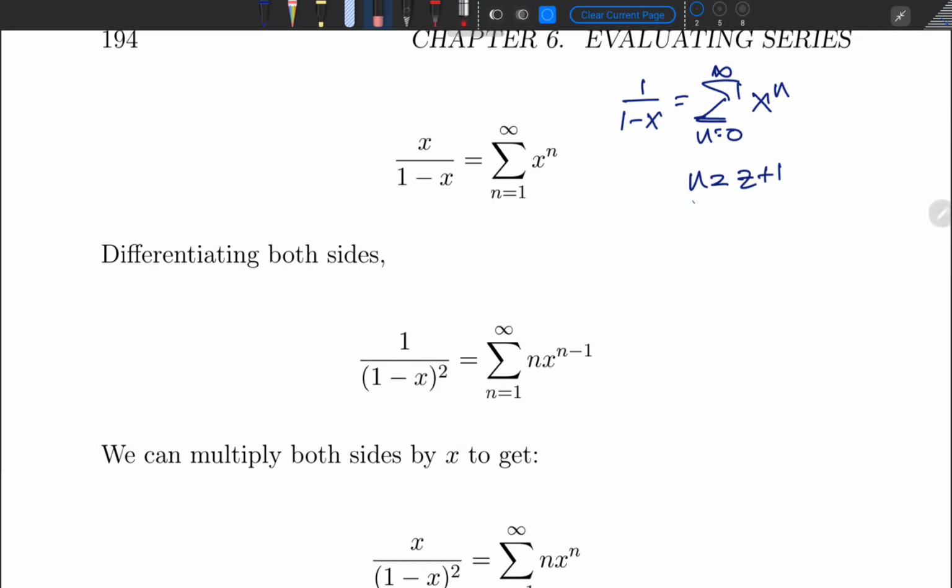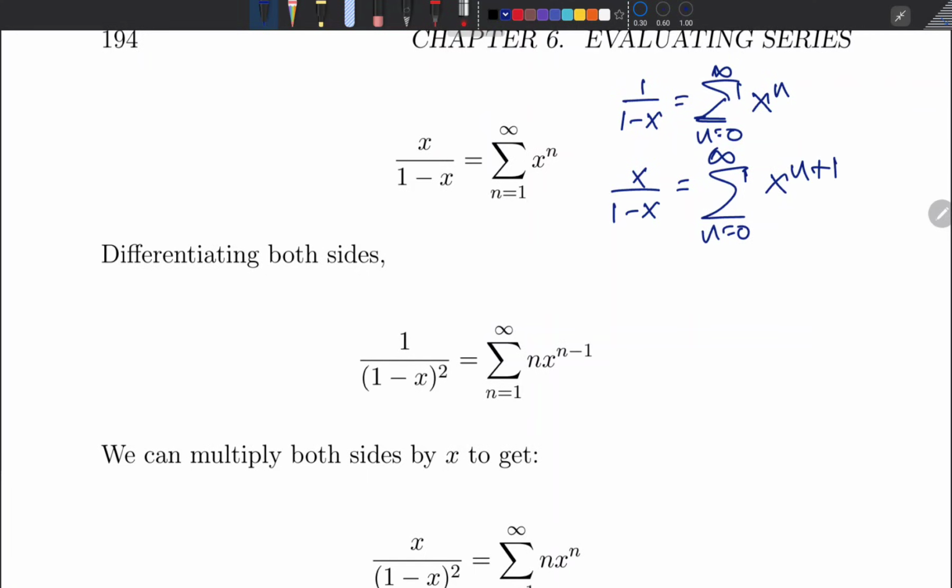Wait, before that, let's multiply both sides by x. So x over 1 minus x is the sum as n goes from 0 to infinity of x to the n plus 1, right?